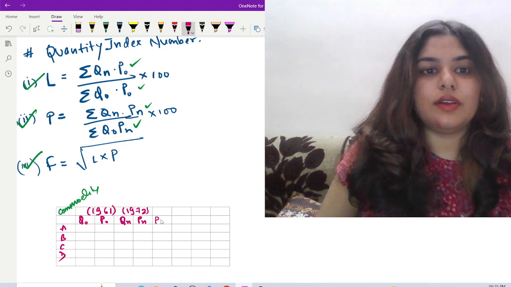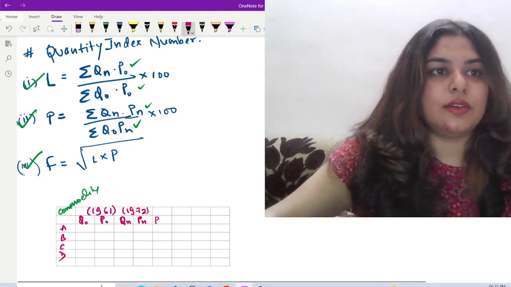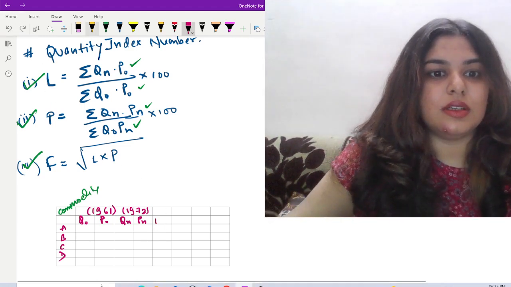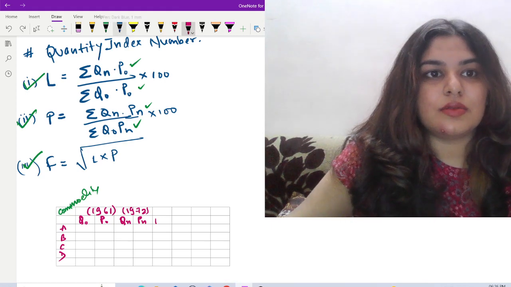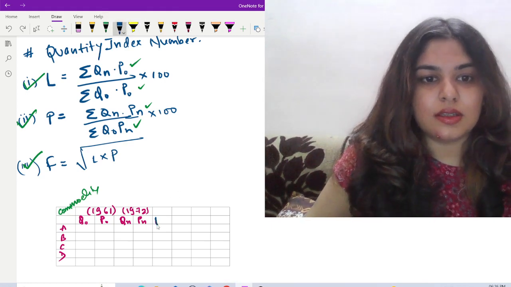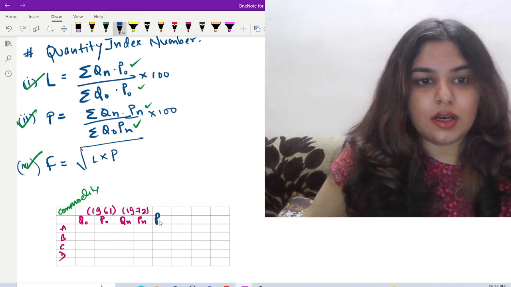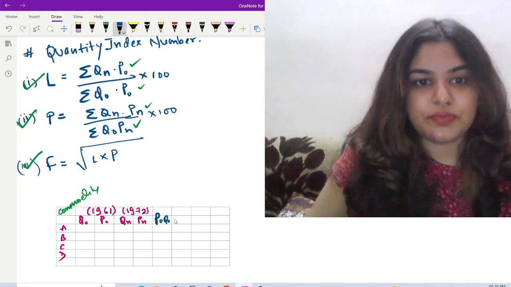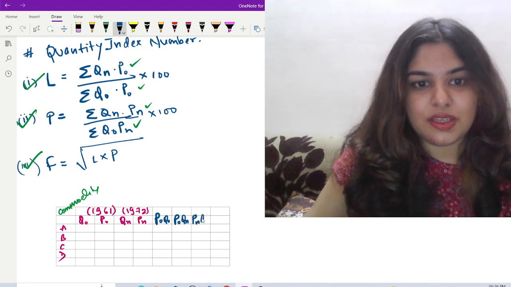So what all we are going to calculate, let us take a different color, so it will be easier to note, right? Here we are going to calculate P0Q0, P0Qn, PnQ0, and PnQn.